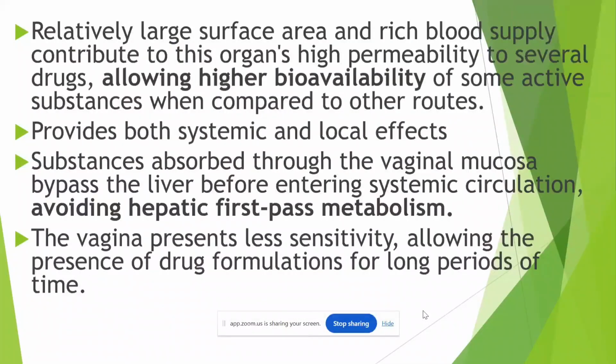Because of the relatively large surface area and rich blood supply, this organ has high permeability to several drugs, allowing higher bioavailability of some active substances when compared to the other routes. It provides both systemic and local effects. Substances absorbed through the vaginal mucosa bypass the liver before entering the systemic circulation, so avoiding hepatic first pass metabolism.